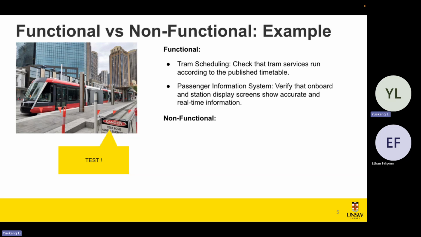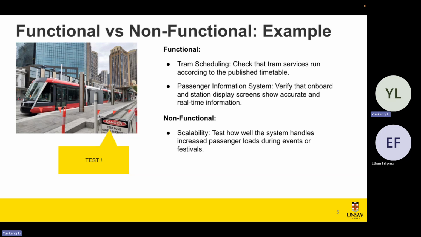And non-functional is more about all the other quality or performance-related issues, other than the main features or main functionalities of the system. So what we can think about is, for example, we can test the scalability of the entire system.